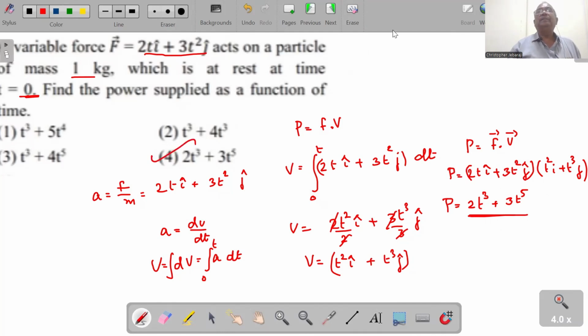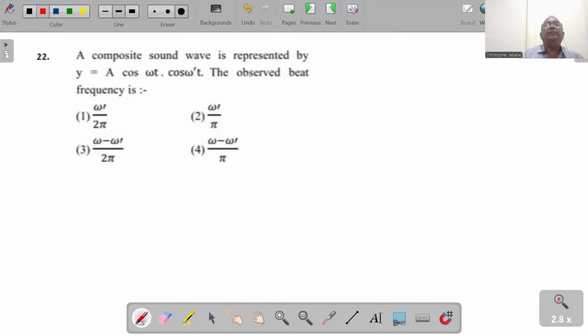A composite sound wave is represented by y equal to a cos omega t into cos omega dash t. Observe the beat frequency. Here these two waves are not separate, they are connected. We want to find the two frequencies of the individual waves.